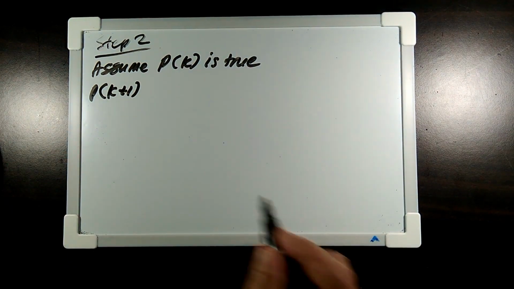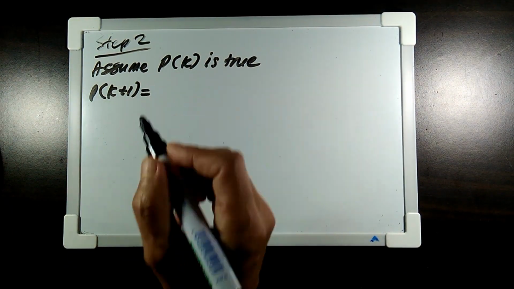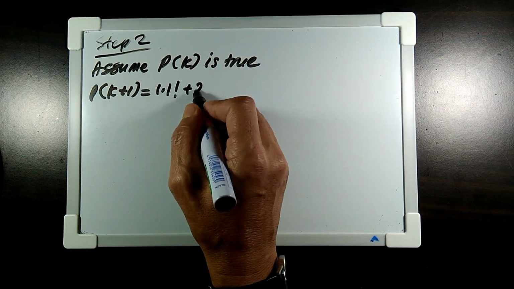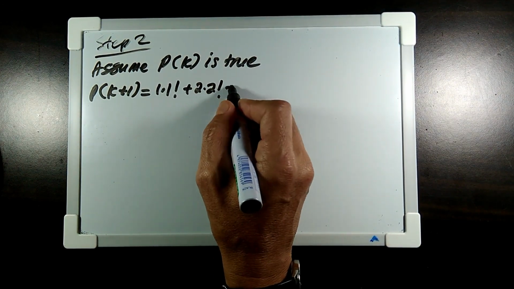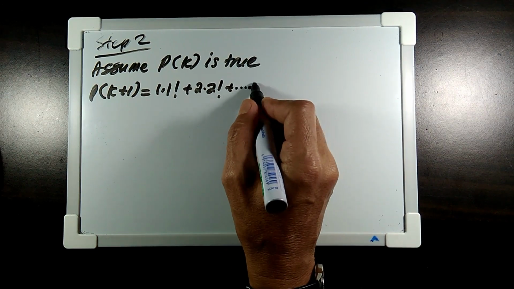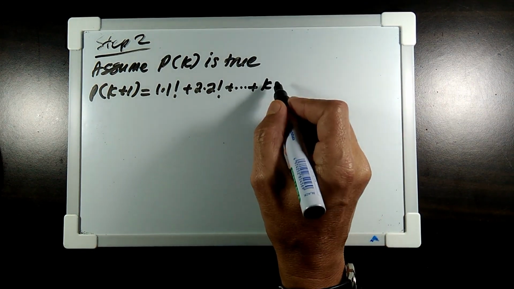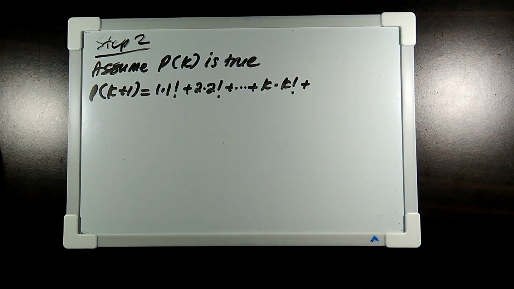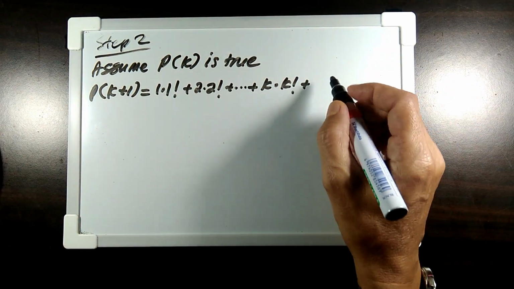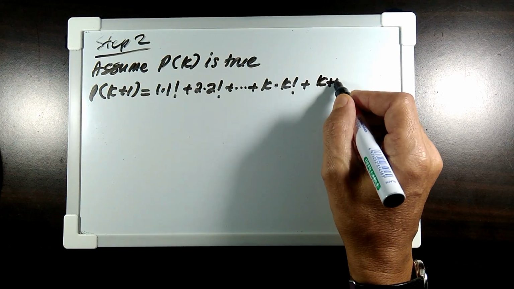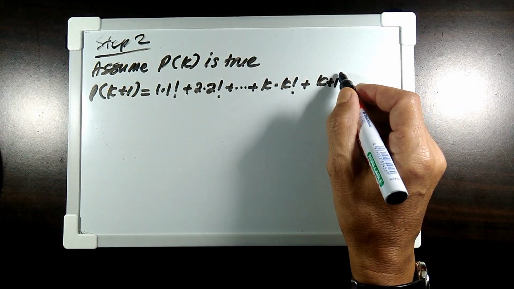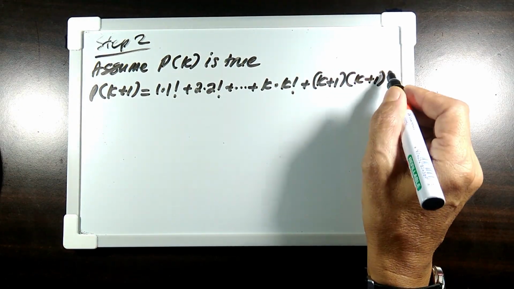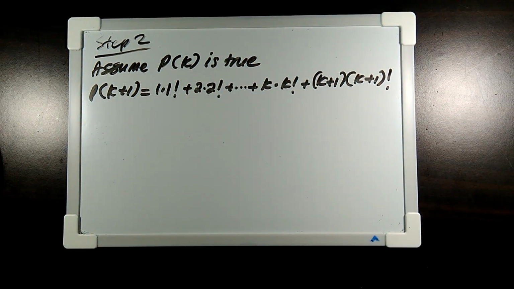Pk plus 1 is equal to what? 1 multiplied by 1 factorial plus 2 multiplied by 2 factorial plus dot dot dot plus k multiplied by k factorial. Now we have to add one more term, the (k plus 1) term, that is (k plus 1) multiplied by (k plus 1) factorial.